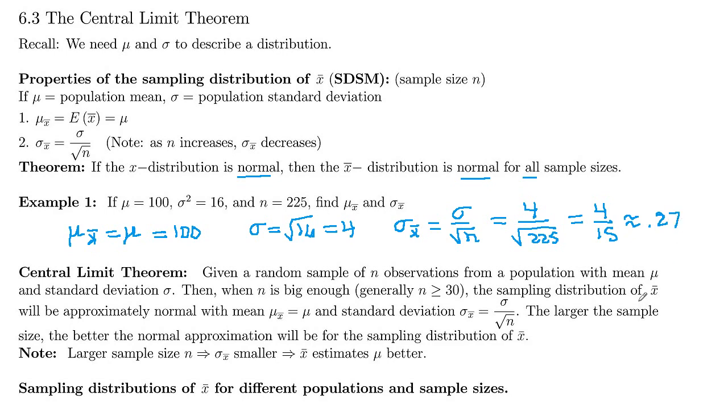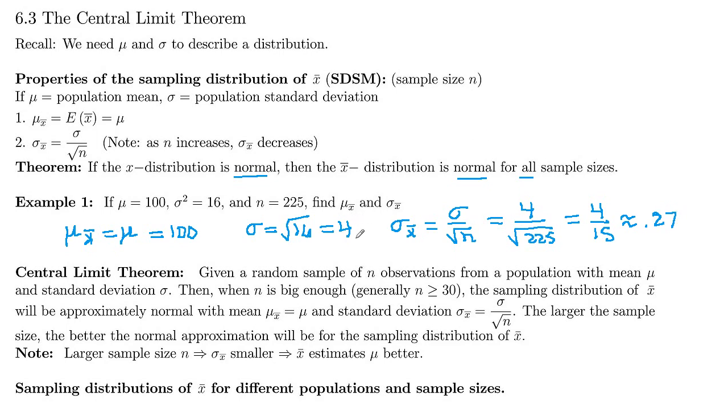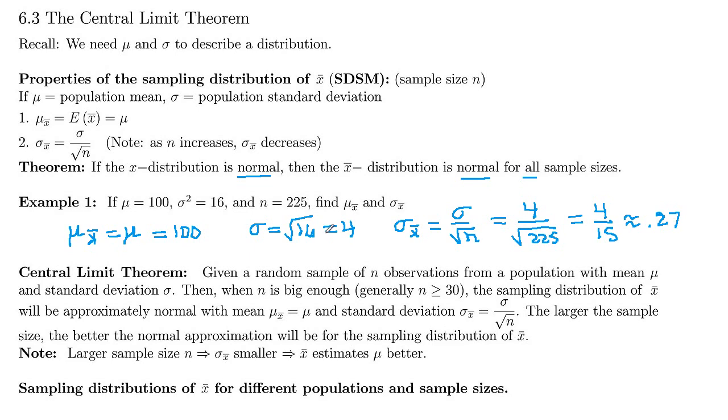So now we know how to find the mean and standard deviation of the sampling distribution very quickly if we know the mean and standard deviation of the original distribution. But the real benefit of the sampling distribution is that even when you don't know the standard deviation of the population, you can estimate it.